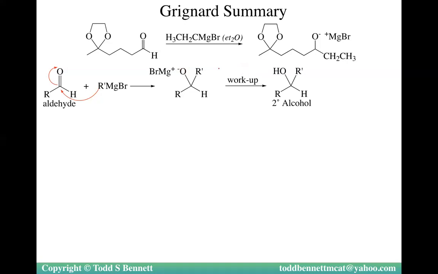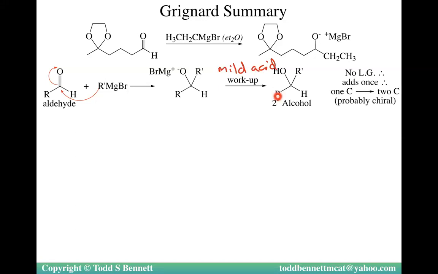So mild acid might mean a protonated amine, like ammonium, methyl ammonium, something like that. Fairly common that you use a very mild acid like, I don't know, pK around 10 or so. You'll protonate it, and you end up with this. The problem if you use too strong of an acid, you end up getting E1 elimination, and you lose your alcohol and turn it into an alkene. So mild acid workup.